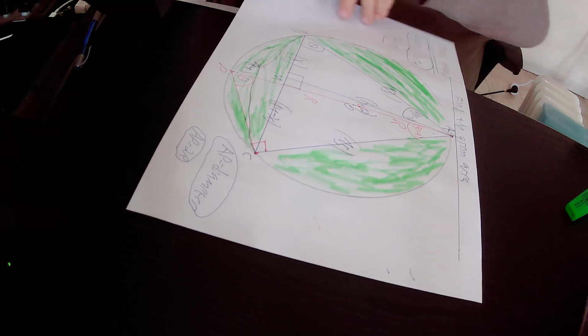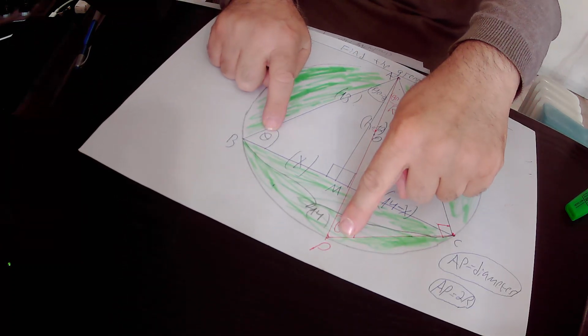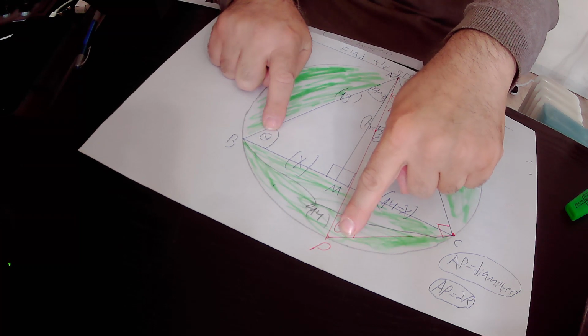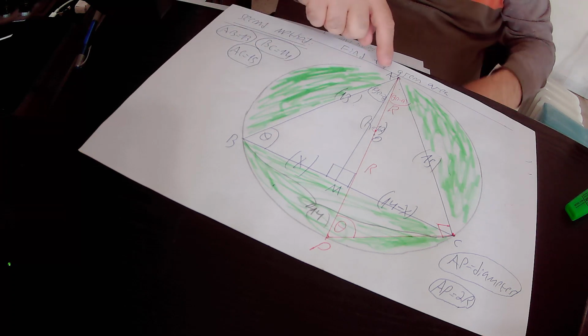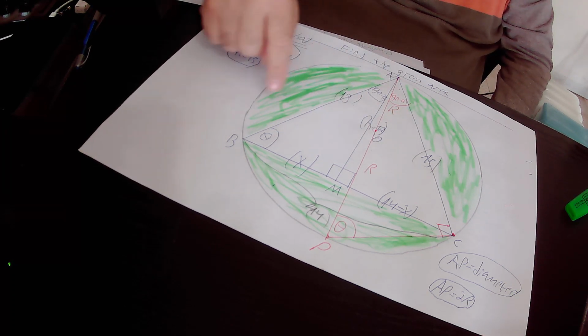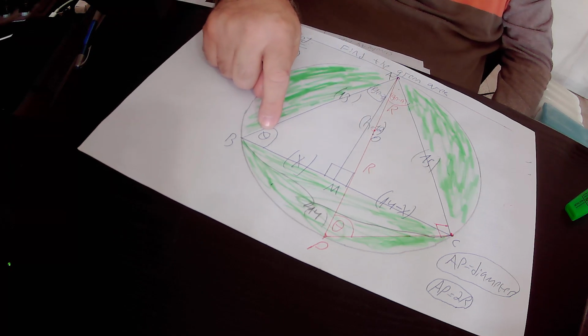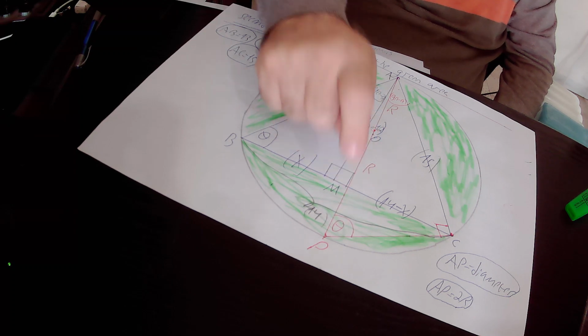So because those two peripheral angles both rest on the same chord AC, they must be equal to each other. That is to say, if peripheral angle ABC equals theta, then the other peripheral angle APC must also equal theta.